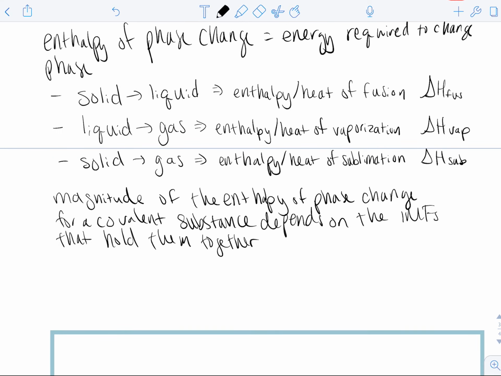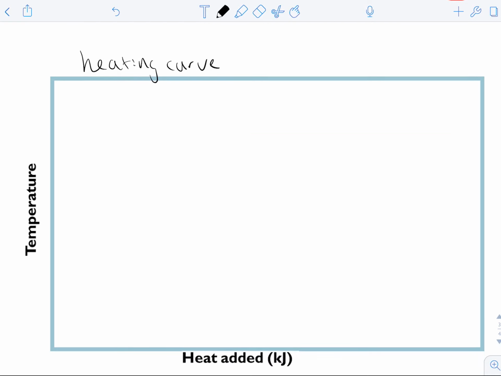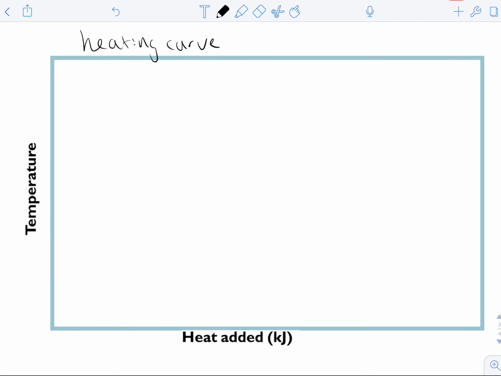So if we have a heating curve, and I'm going to show one right here, we're going to be looking at all the different phases and the types of energies involved. We usually look at a heating curve in terms of temperature versus heat added. A cooling curve would be temperature versus heat removed.